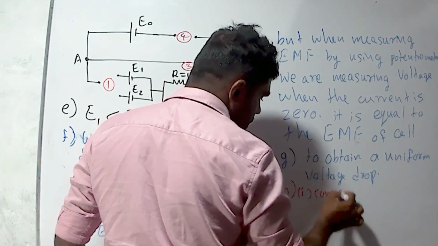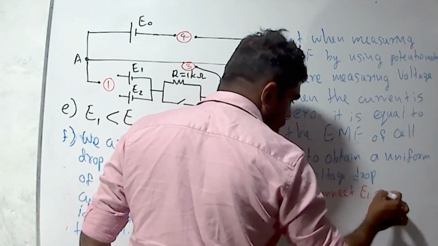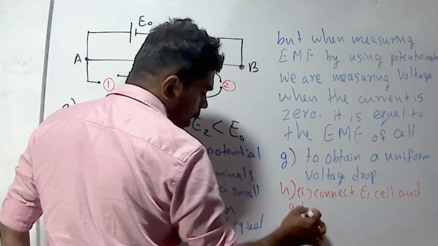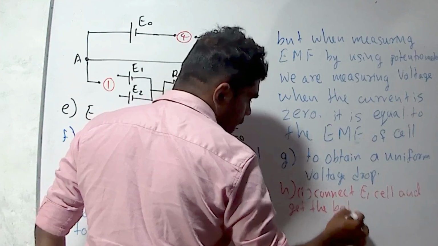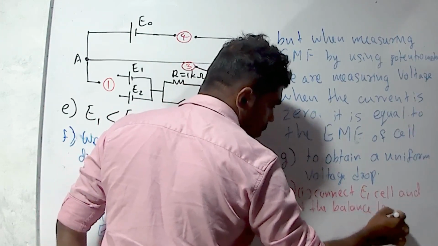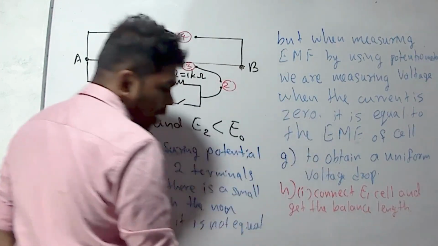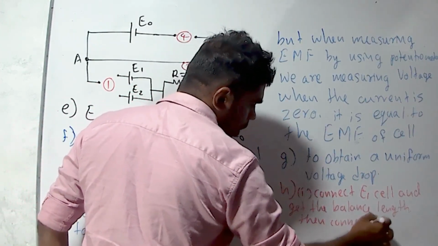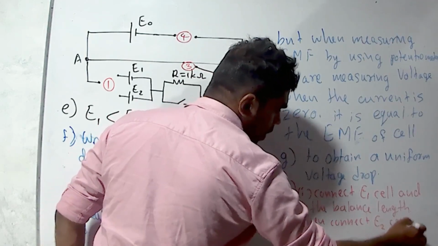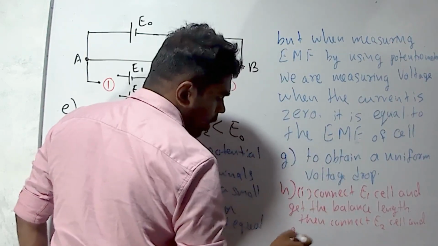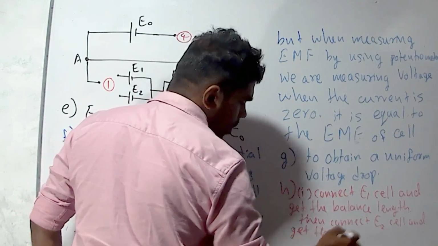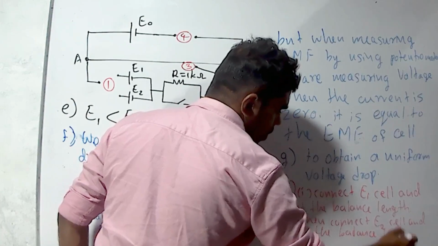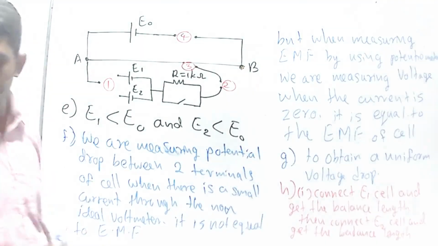Connect the E1 cell and get the balance length. Then connect the E2 cell and get the balance length. We have to obtain the balance lengths separately.